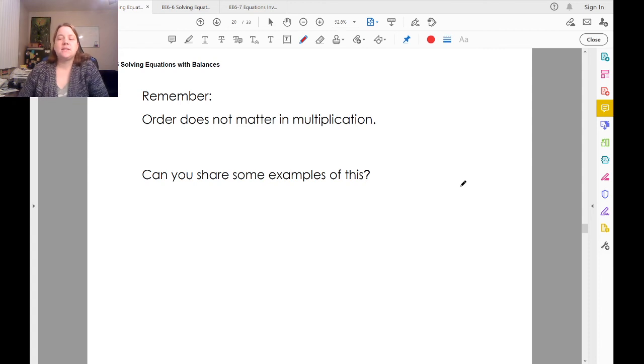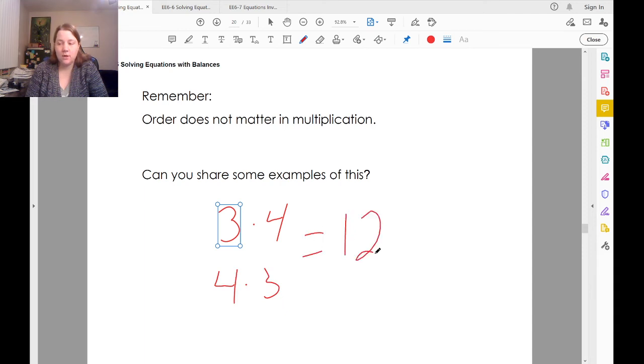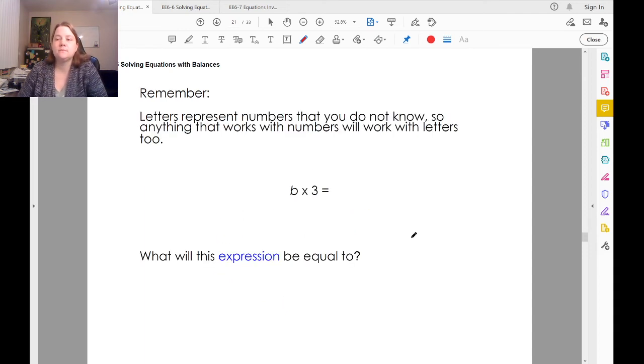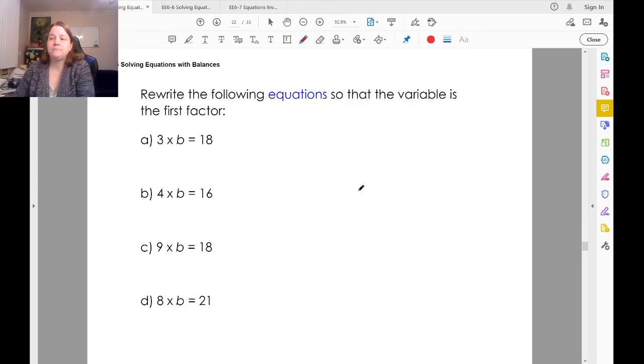Remember that order doesn't matter in multiplication. If I say 3 times 4 or 4 times 3, either one is going to be 12. Letters represent numbers that you don't know. So anything that works with numbers will work with letters too. We can say B times 3 or 3B.